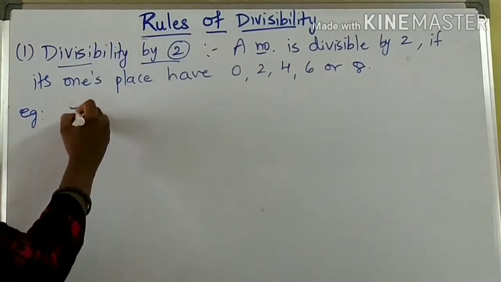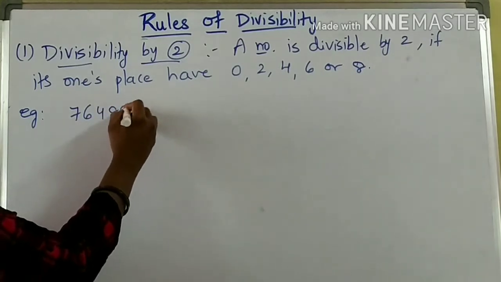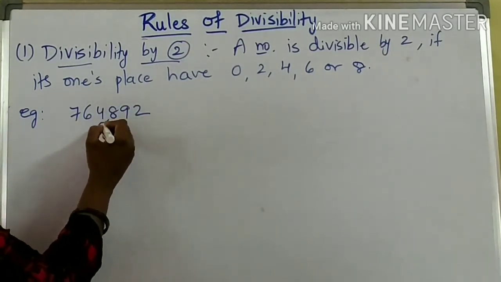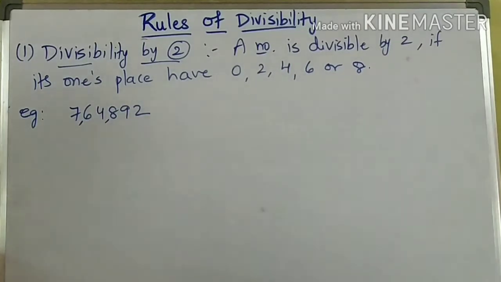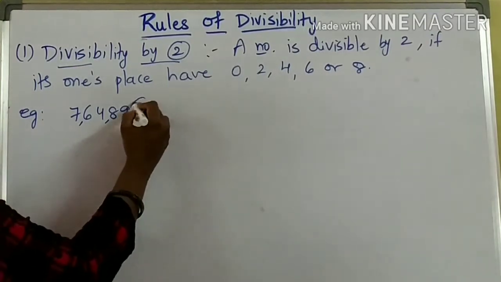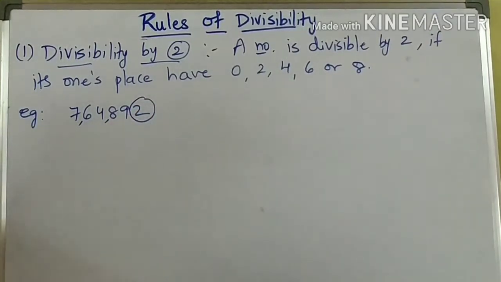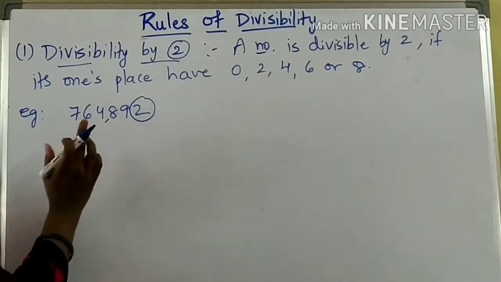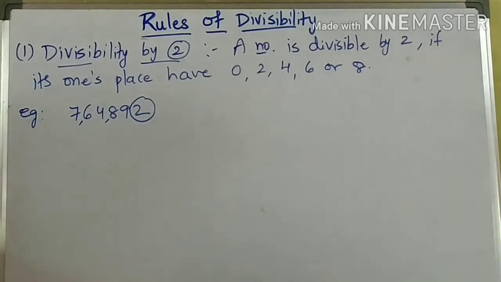Example: 7,64,892. This is a very big number. Is this number divisible by 2 or not? Just by seeing the units digit, or ones digit, we can say whether that number is divisible by 2 or not without doing actual division.